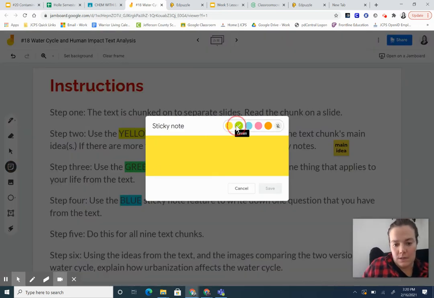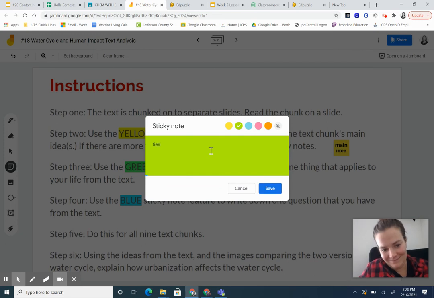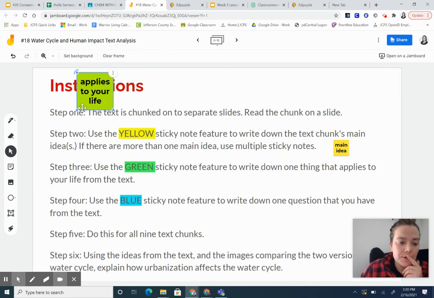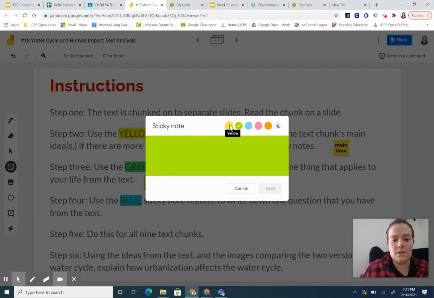And the third color sticky note that you're going to use is blue. What you're going to do with the blue one is simply come up with some sort of question that you can think of related to that text chunk.